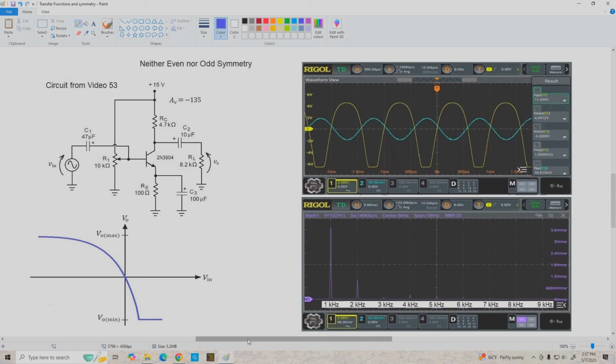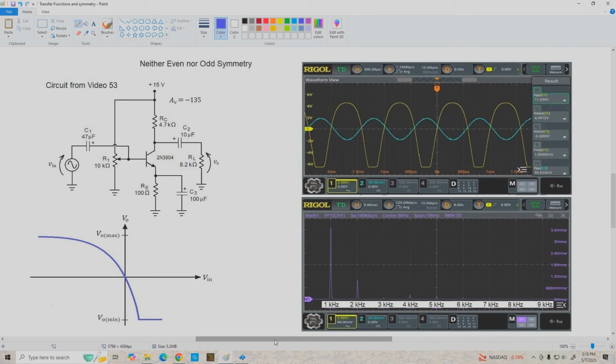The Class A amplifiers, when they're overdriven, produce both even and odd harmonics. The Class B or AB output stage typically produces only odd order harmonics when it's overdriven.